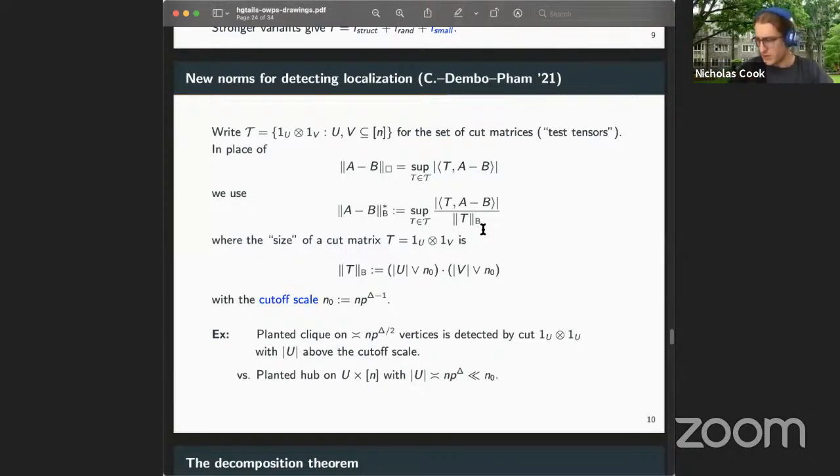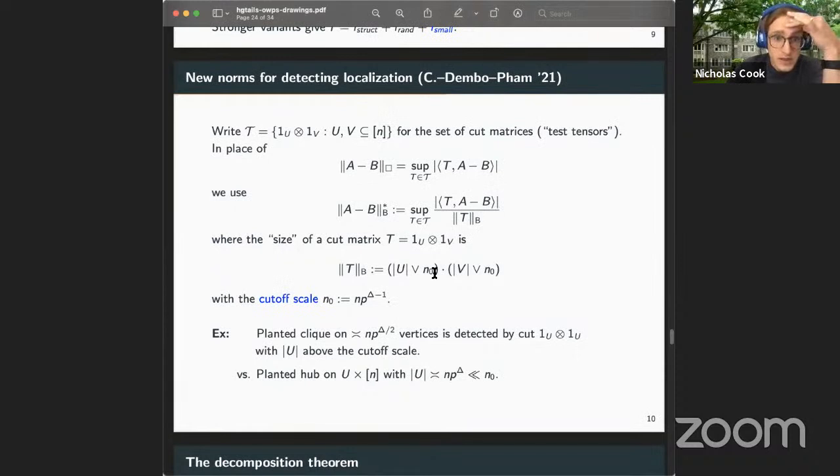I mean, if one entry is 0 in one and 1 in the other, then you'll get a big difference. So you need some thresholding. So we'll go down to some cutoff scale that we call N0. So we quantify the size of a cut matrix by something like the volume, but we threshold out. We have a threshold N0 for the number of vertices of a factor.